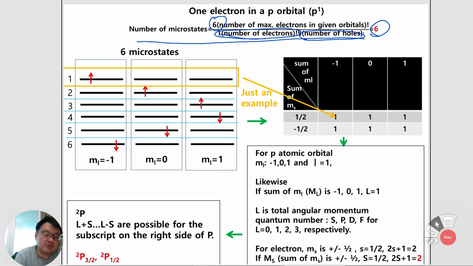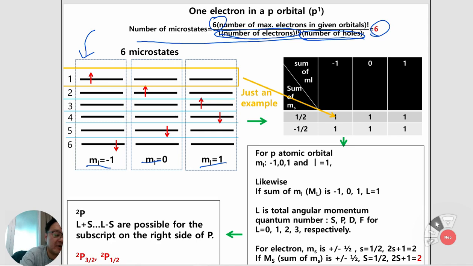Now let me go into details of how each of these 6 microstates should look. Well, you can put one electron in a p orbital with magnetic quantum number of -1, 0, or 1. And you can put your electron as spin up or spin down. So two different spin states and three different magnetic quantum numbers, then you come up to 6 different microstates.